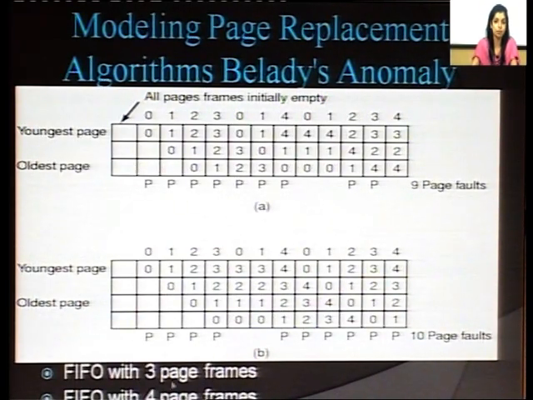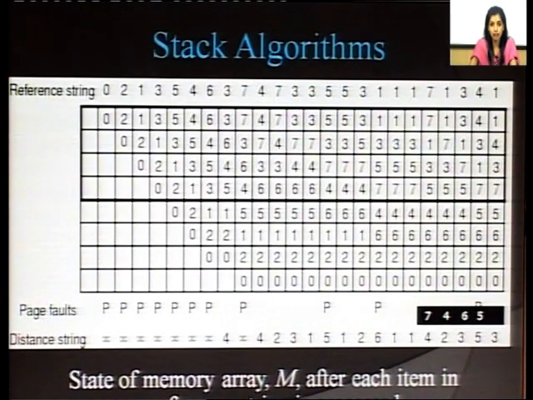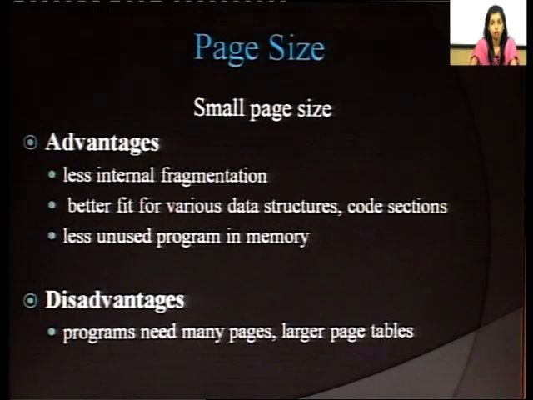Here is FIFO with 3 page frames, FIFO with 4 page frames, and P's show which page is replaced, and F's show page faults. Here is the state of the memory array, M, after each item in the reference string is processed.